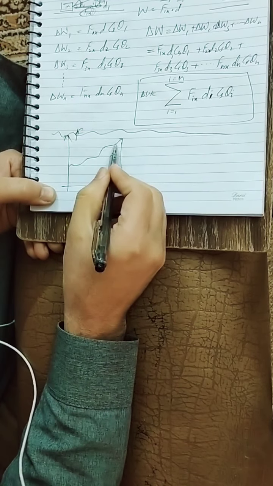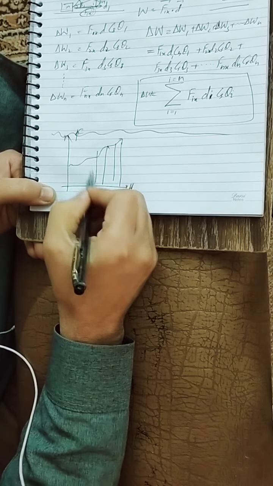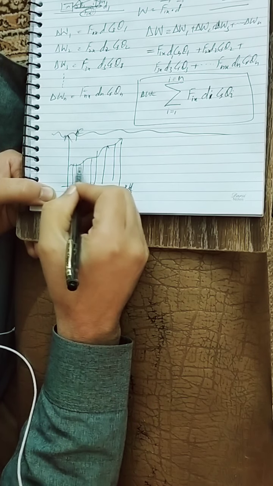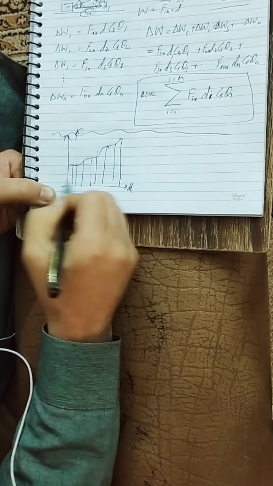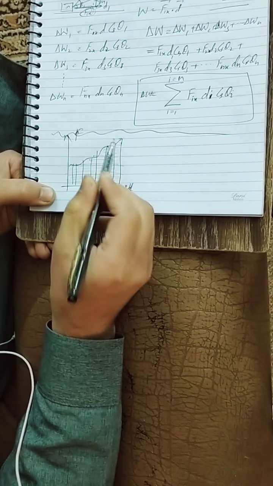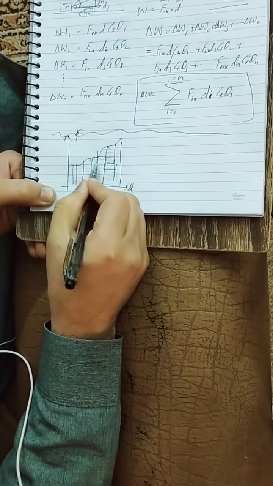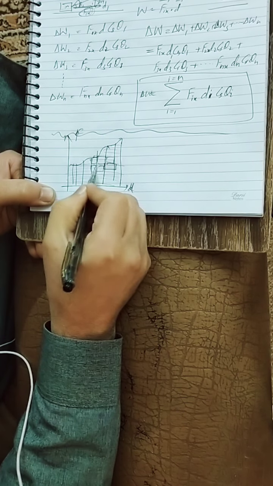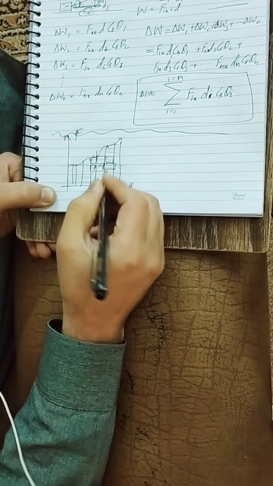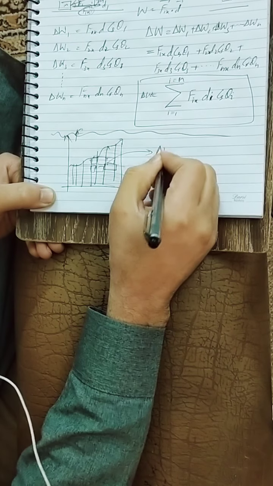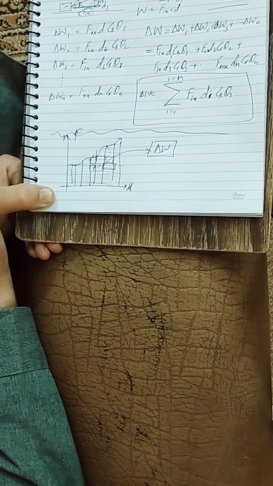How can we find the area? You have to divide this area into small pieces. Then you can find the area of each piece and sum the areas of all the pieces, so you will get the total work done. So the area is the work done by the variable force.